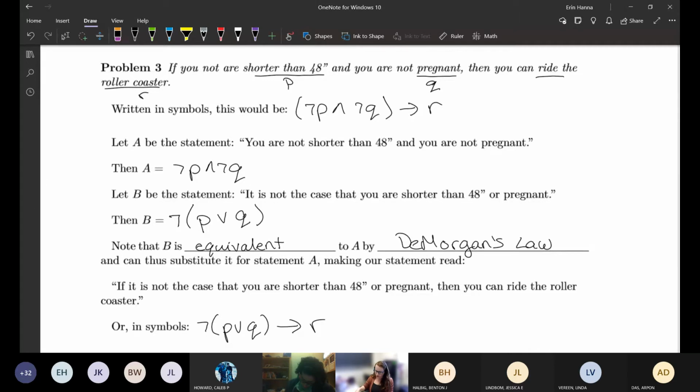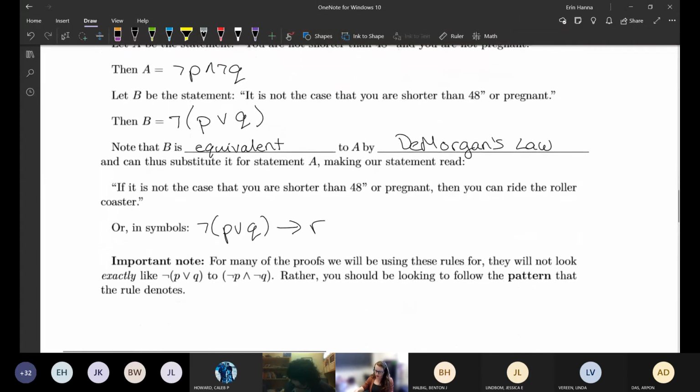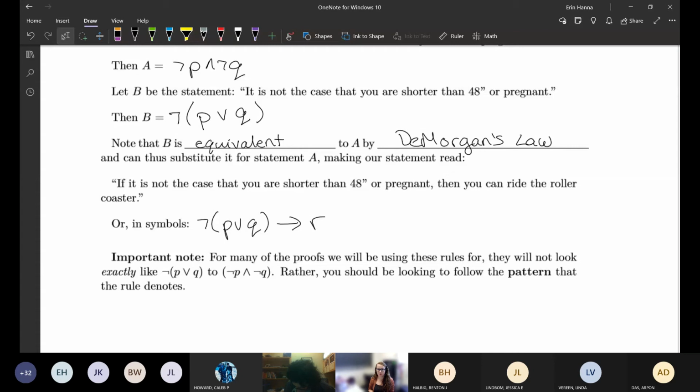Now, there's a really important note about this type of thing, and it's probably what trips up people the most. When we're going to be using these in proofs, it's not necessarily true that they're going to look exactly like the stated rule. Like if we were looking specifically at De Morgan's, it might not look exactly like not, in parentheses, P or Q, or not P and not Q. Rather, what you really want to focus on is the pattern that happens with these.